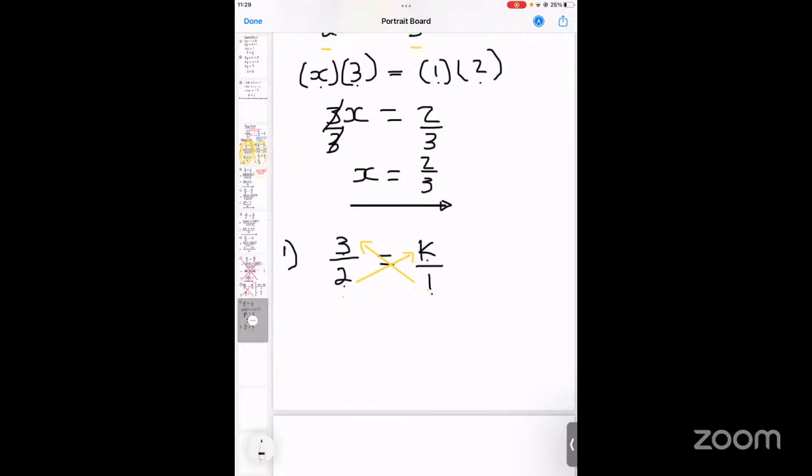But because we want our letter to be on the left-hand side, we say k multiplying that 2 equals, and then we can still say 3 multiplying 1. Did you understand that one, Manahil? Yes, sir.